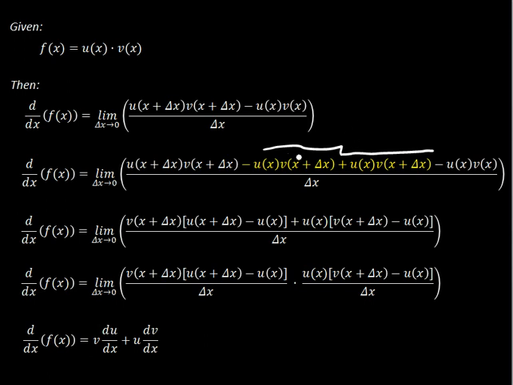Basically, you're adding 0 here so that you can form a derivative, as you'll see down here if you actually wanted to go through this. The next thing to observe is that as delta x approaches 0, this v of x plus delta x is just going to approach v of x, thereby yielding you the same thing.